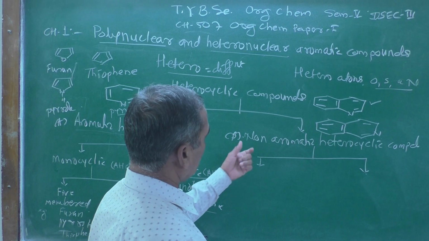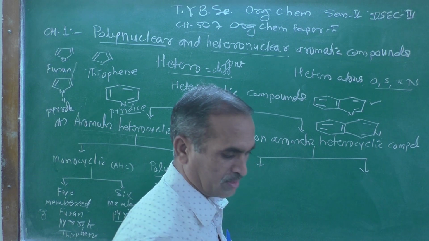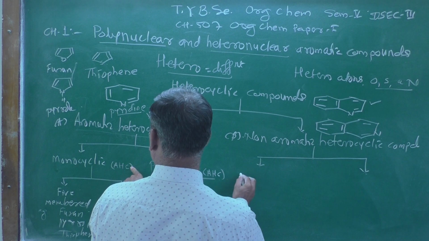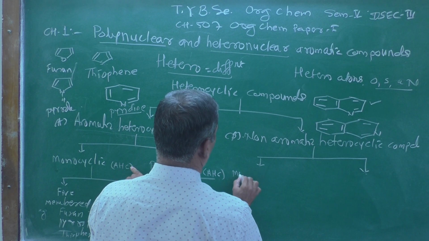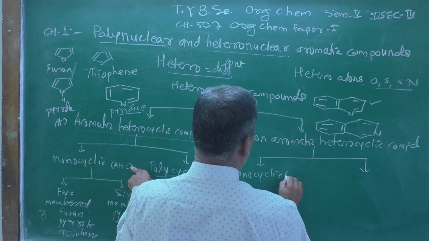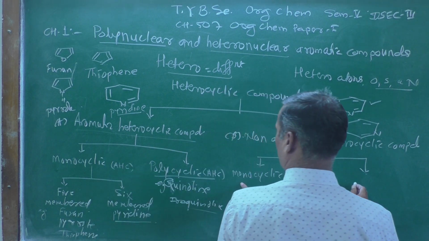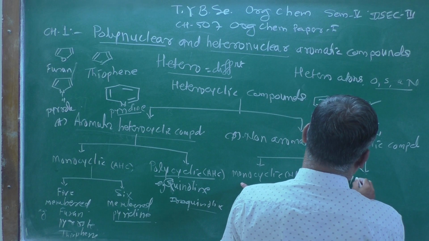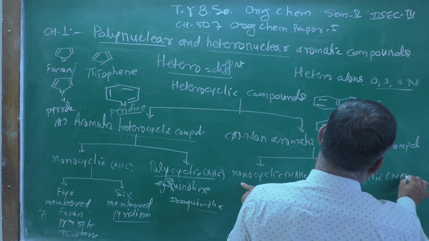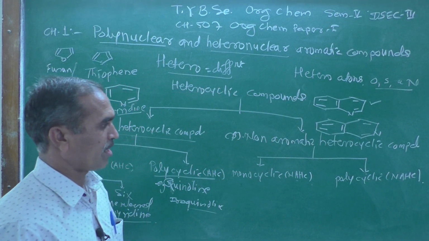Once again, non-aromatic heterocyclic compounds are further classified into two types, similar to aromatic heterocyclic compounds: monocyclic non-aromatic heterocyclic compounds and polycyclic non-aromatic heterocyclic compounds. In short, I have written it on the blackboard so you remember.